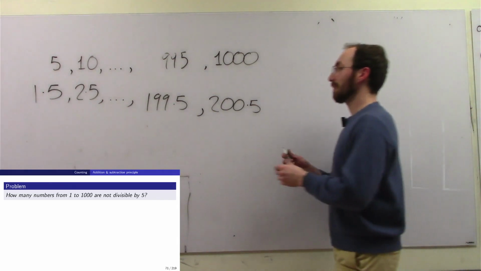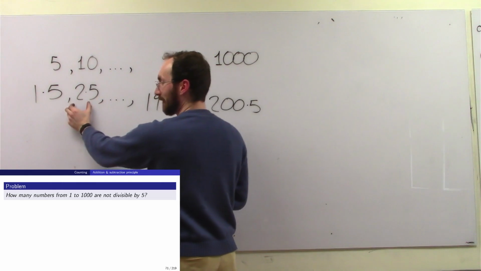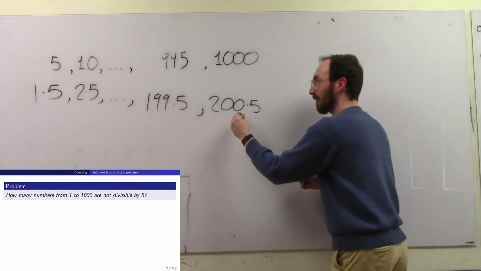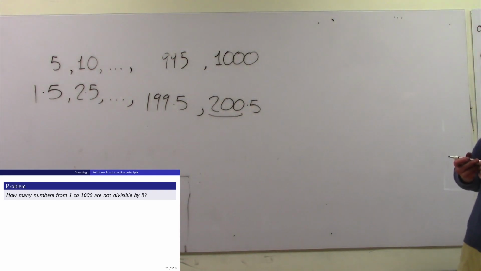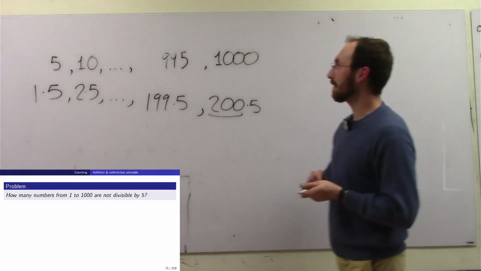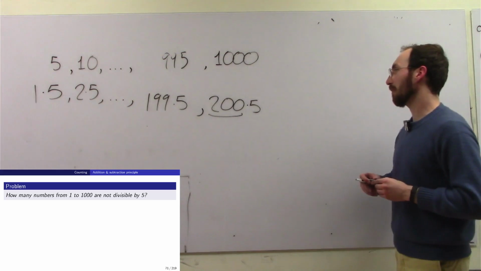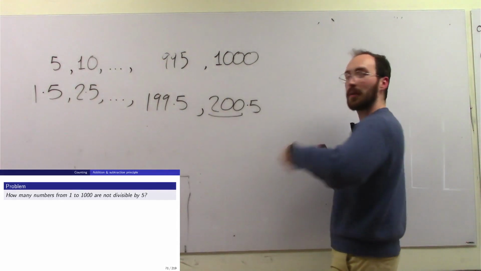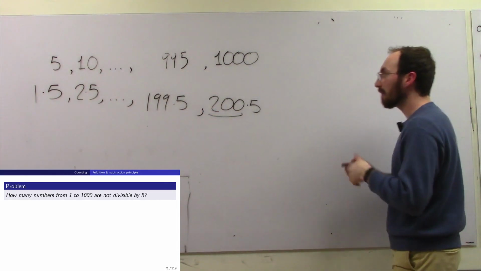What this can tell us is this is divisible by 5, this is divisible by 5, all the way up to here. And this actually gives us our count. There are going to be 200 numbers between 1 and 1,000 that are divisible by 5. They're right here. 1 times 5, 2 times 5, 3 times 5, 199 times 5, and 200 times 5.